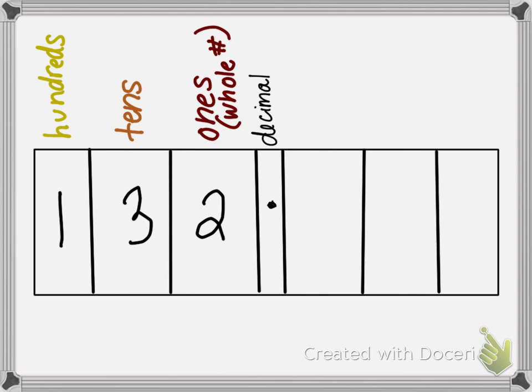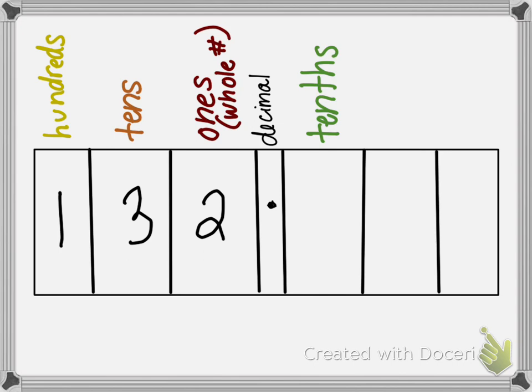Typically at your age, like in 7th grade, 8th grade, you will be asked to round to the whole number or to decimal places. So you're not going to be often asked to round to tens or hundreds. You'll either be asked to round to whole numbers or to decimal places. So remember, the first place to the right of the decimal is the tenths place with the TH on the end.